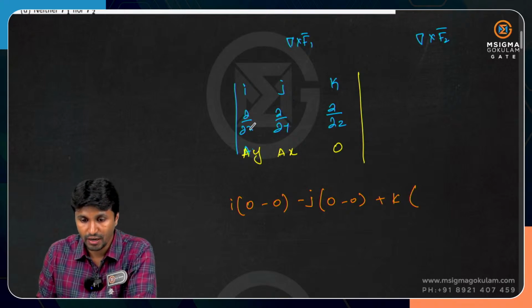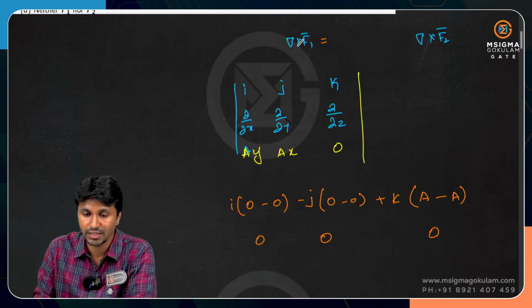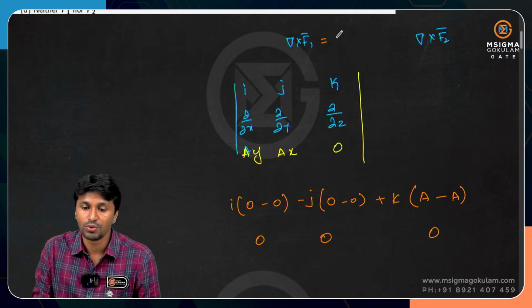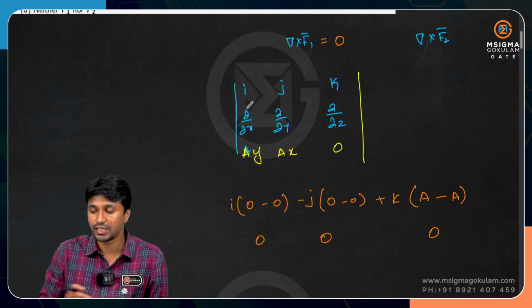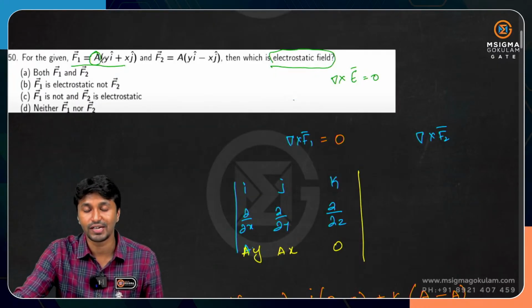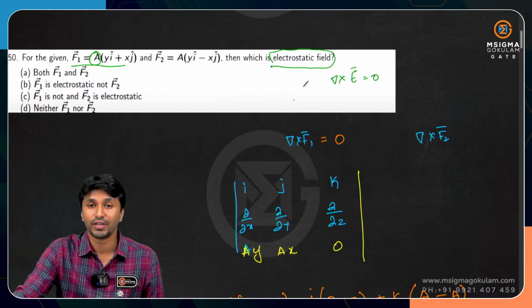Dou by dou X of AX is nothing but A, minus dou by dou Y of AY is nothing but A. So you can clearly see that this is 0, and this is also 0. Del cross F1 is equal to 0, so the given vector field satisfies the condition for the electrostatic field.